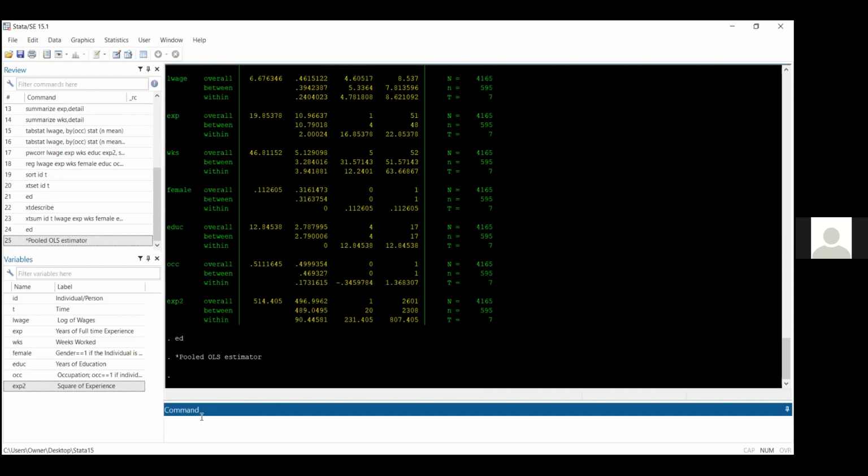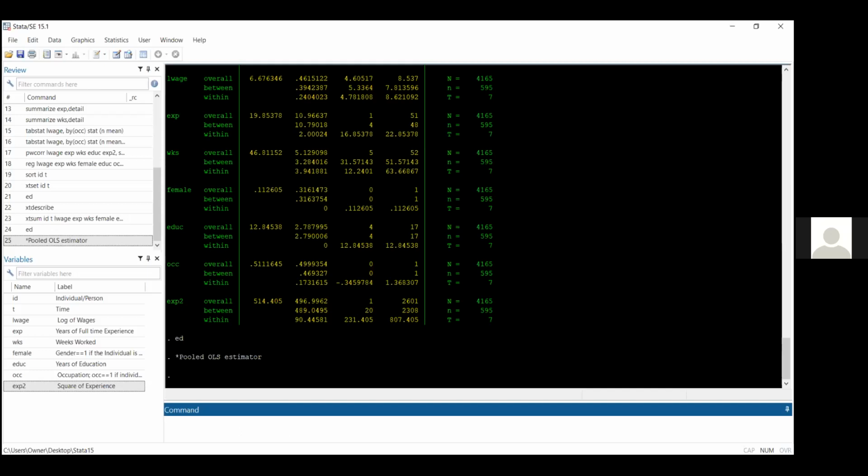Now, for the pooled OLS, if you recall, we stated the general panel data model, which comprised the dependent variable equal to the constant plus beta times the independent variables plus c_i, which was the unobserved effects, and then plus u_it, which was the idiosyncratic error term.